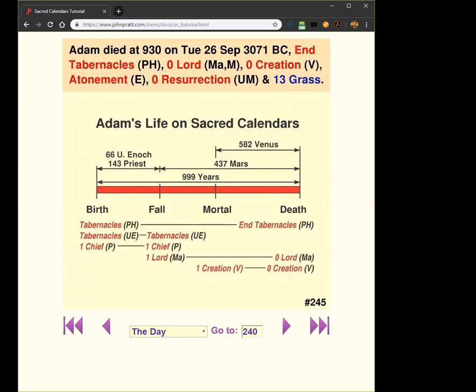He dies on the day 0 Lord, both on Mars and Mercury. And I think I waited till now to talk about his death date because it's important on Mars too. 0 creation on Venus, atonement on the Enoch calendar, and resurrection on the uniform Mercury, and 13 grass, which is kind of a pre-resurrection date.